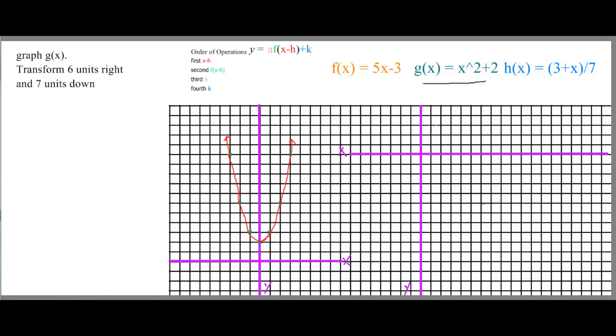Let's find some key points for our graph. Let's start with the x-intercept. Let's rewrite our formula here.